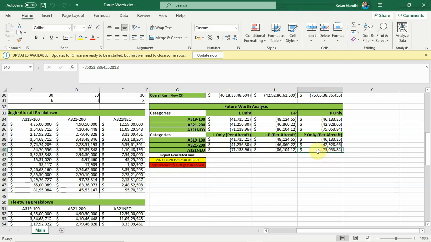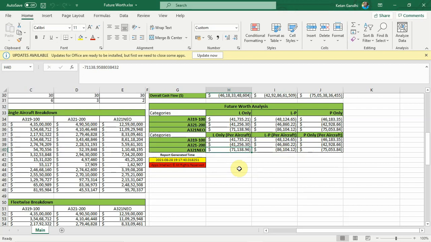The future worth is 750,005,384,000 on the aircraft that was for 125,900,000, after the study period of 30 years. Its future worth is 750 million. The same way for lease and purchase, it is 861 million and 412,000.